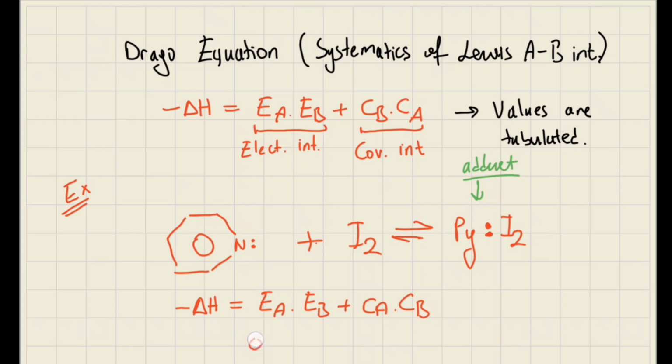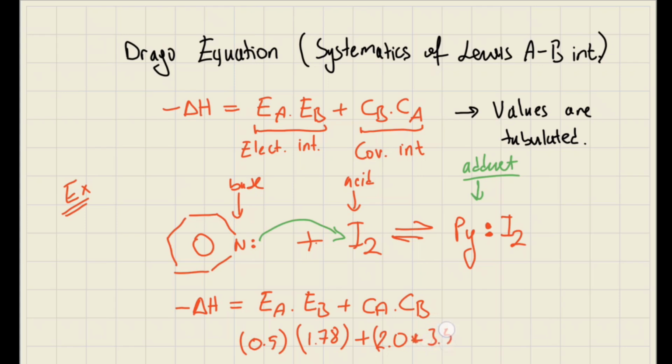EA is 0.5 for the acid, which is the iodine here. Iodine is the acid, and the pyridine is the base, since it's an electron donor, right? It can donate the electrons. And EB is 1.78, and CA is 2.0 times 3.54. So this reaction is 7.97 kilocalorie per mole.